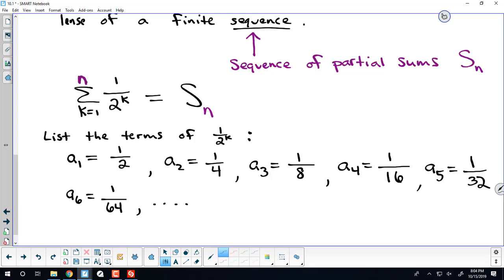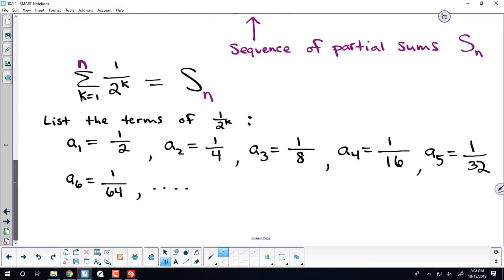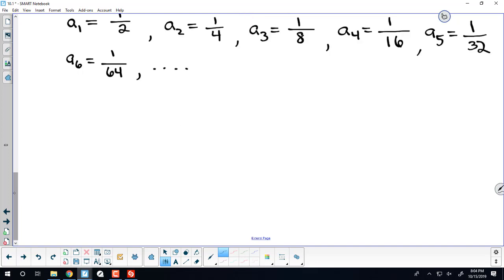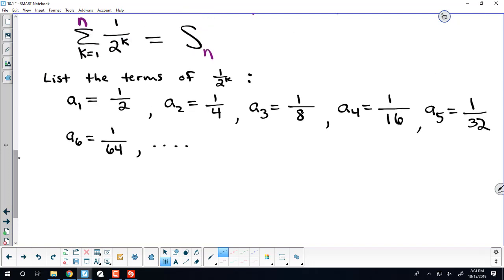We've already said that just because these terms approach 0, that doesn't mean the series is going to converge. But if we look at a sequence of the partial sums, then maybe that can give us some insight, because with the sequence of partial sums we're more closely related to the series itself, since we are actually adding things together.